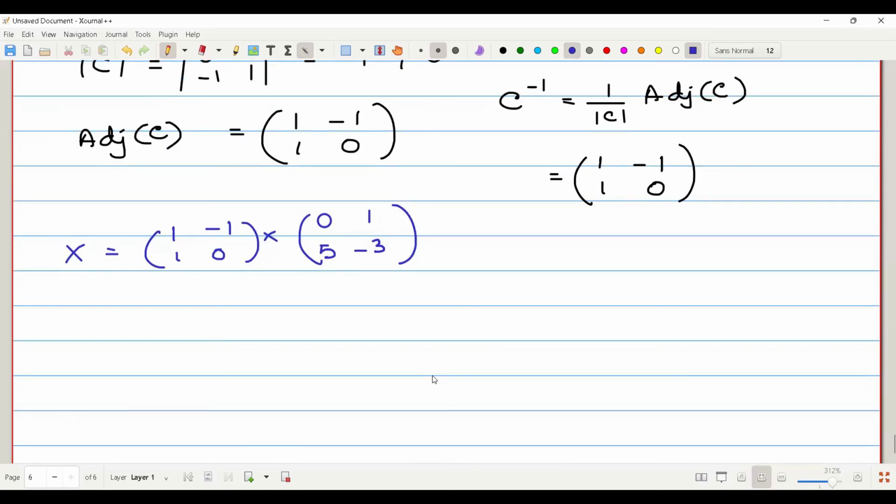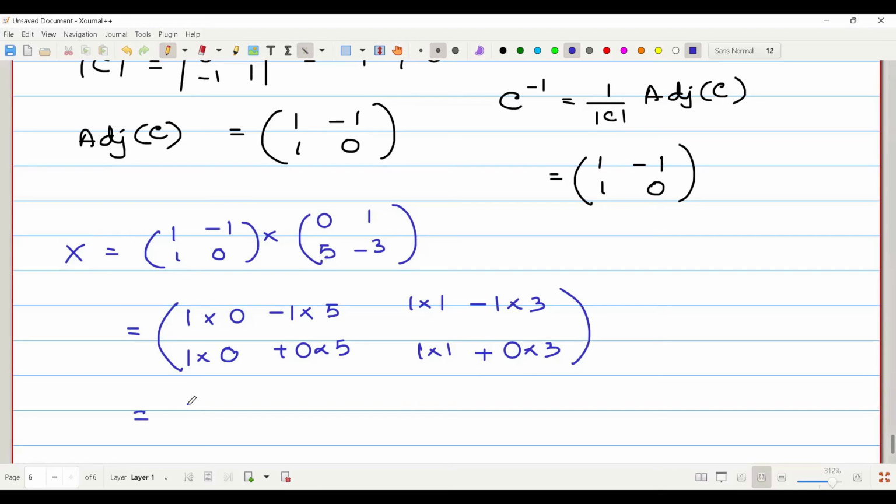So the value of X is 1 cross 0 minus 1 cross 5, 1 cross 1 minus 1 cross 3, 1 cross 0 plus 0 cross 5, and 1 cross 1 plus 0 cross 3, and the result is [-5, -2; 0, 1].